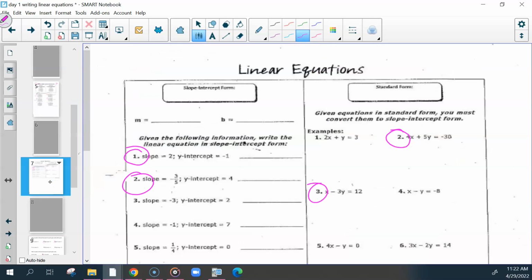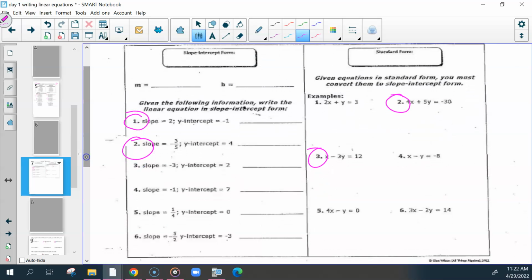That should look like this. For questions where you're given the slope and the y-intercept, you just have to put those together in your slope-intercept form equation. So if we have a slope of 2 and a y-intercept of -1, how would we write that in slope-intercept form?